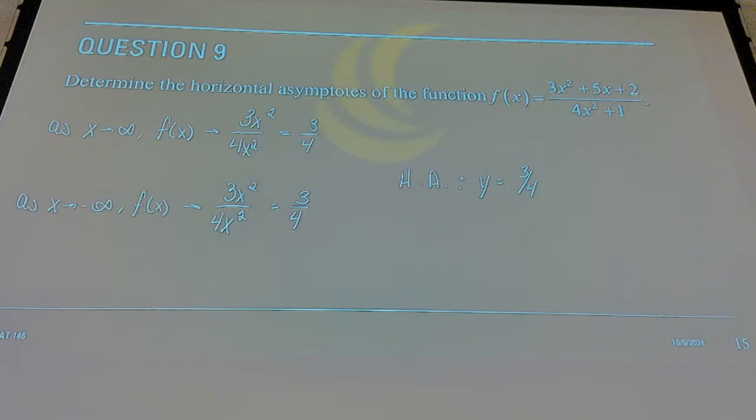Which means 3/4 would then be your horizontal asymptote. So for rational functions, whenever you perform division, your quotient is your asymptote, your curvilinear asymptote. And so again, that's why I said this method will always work.